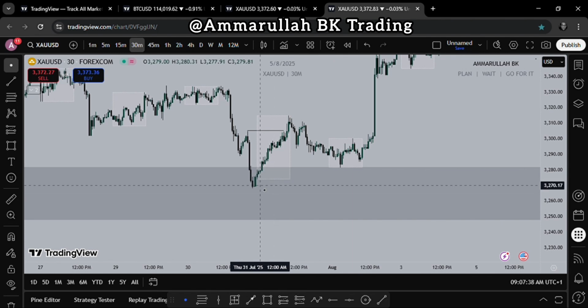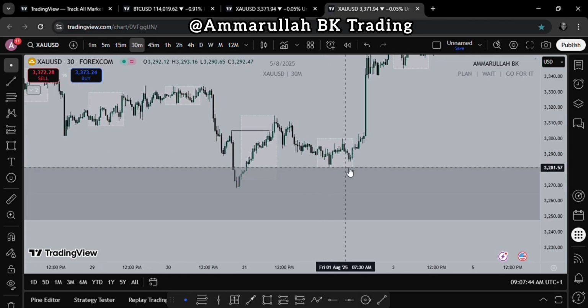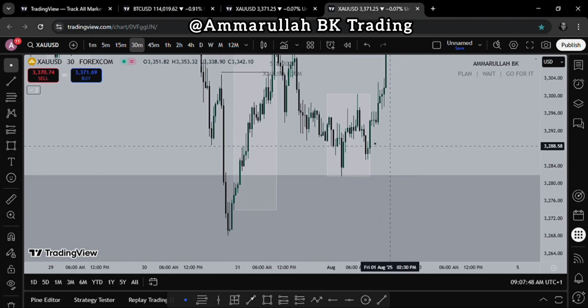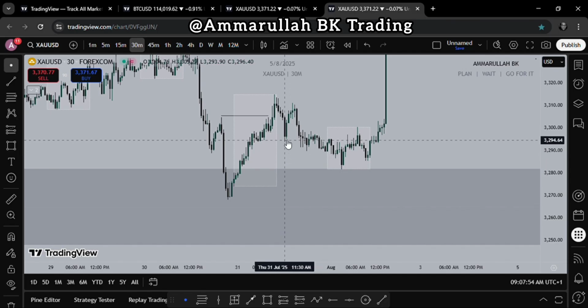What do you expect? After the market made this high, then it sells down again to a particular level of maybe inefficiency, fair value gap, or another block. As you can see, high, then an incomplete pullback again, which is a trap.